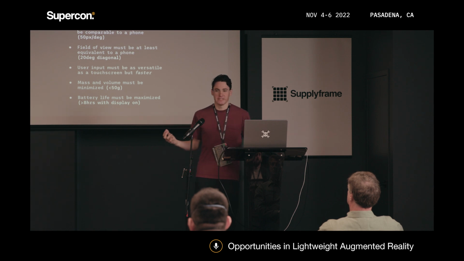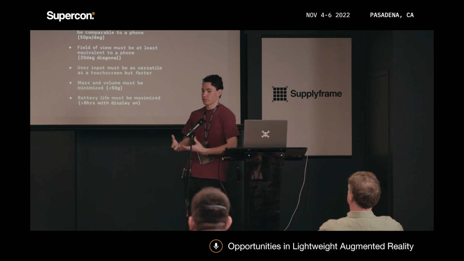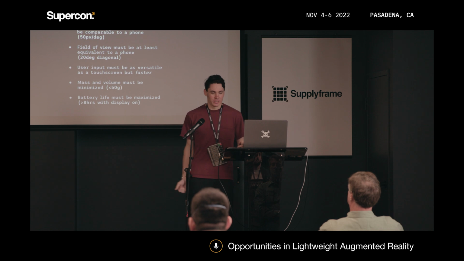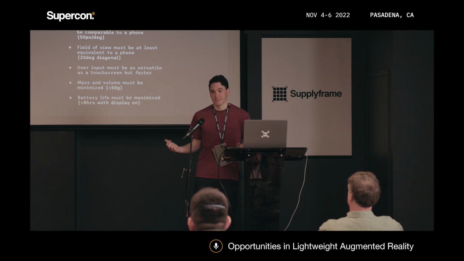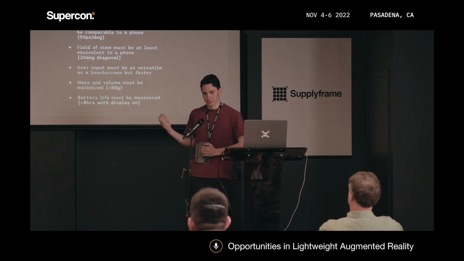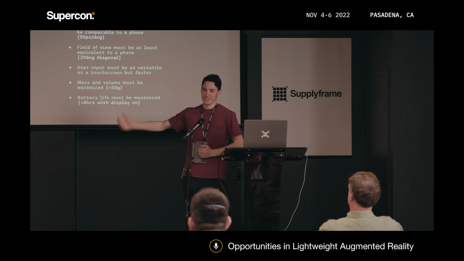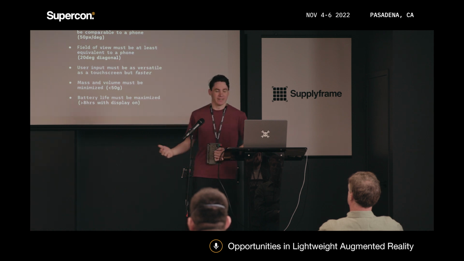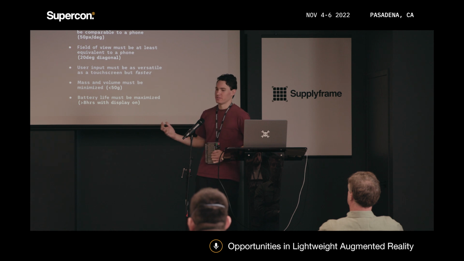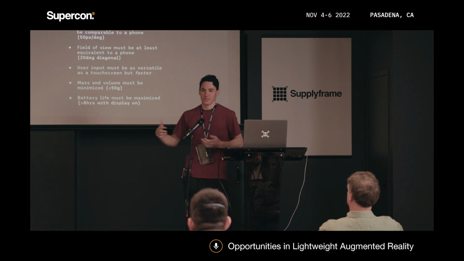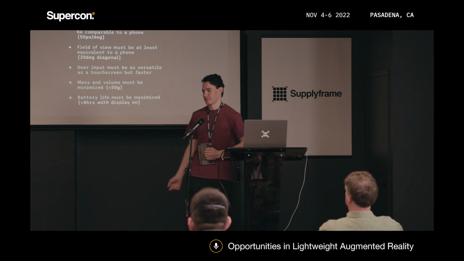So around 2019, I started thinking about actually building this hardware, what you would need to accomplish for it to be practical. These are the considerations which would cause someone to decide it's not any good, right? So if the display resolution is not up to par, then they're going to choose to use their phone, essentially, instead.